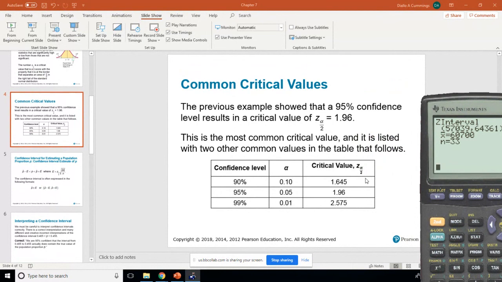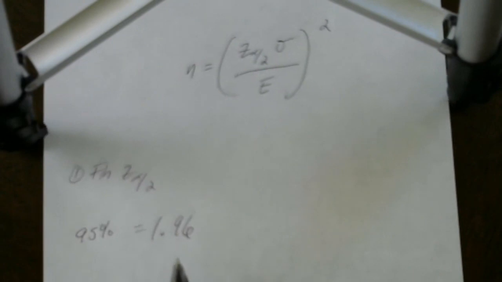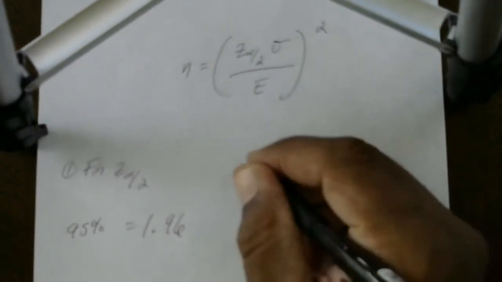So I'm going to use 1.96 in our calculation. Right. So for 95%, the z alpha over 2 score is 1.96.